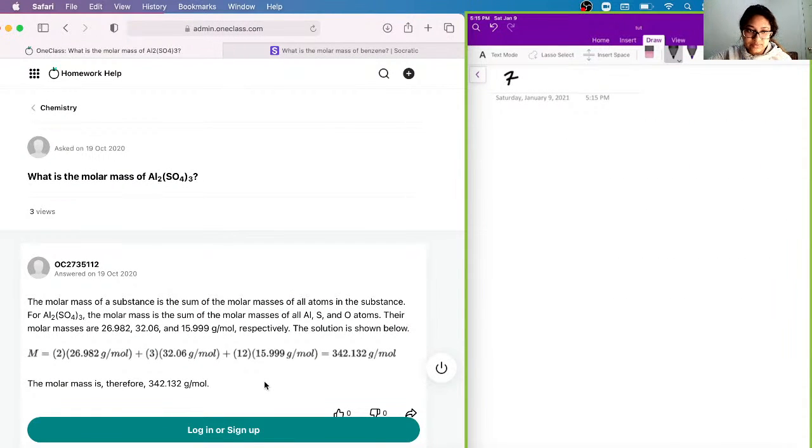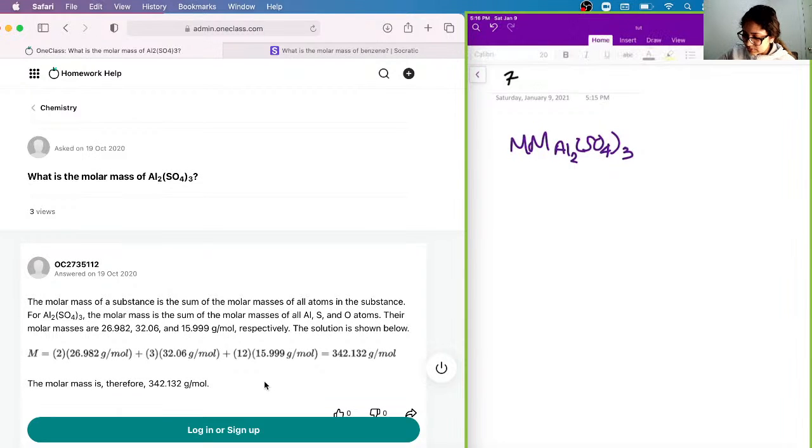Our next question says, what is the molar mass of aluminum sulfate? We're given the formula. In order to find molar mass, it's crucial to know the chemical formula, because that tells you how many atoms there are in the compound.